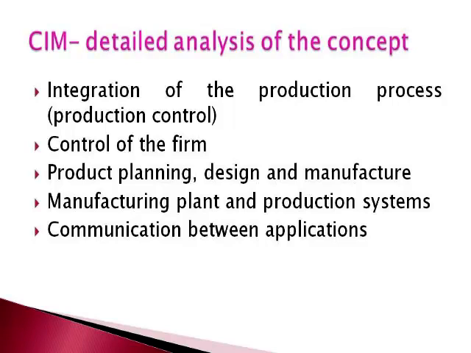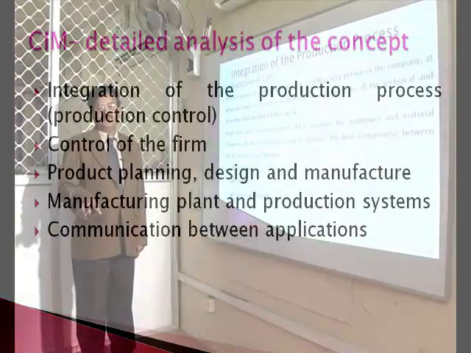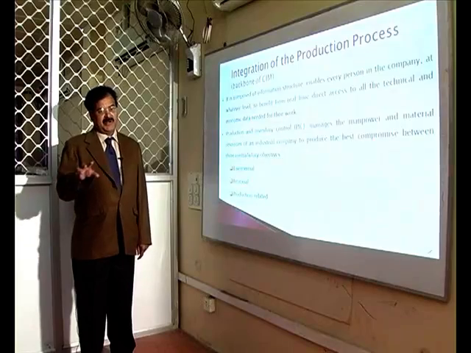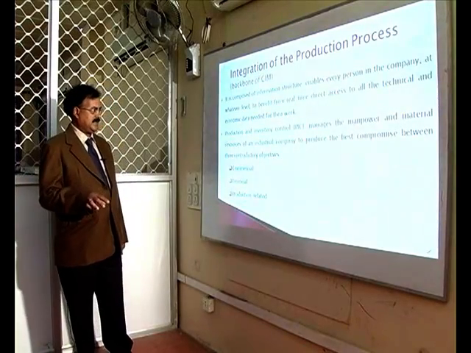So, what is that? Integration of the production processes. It is composed of an information structure that enables every person in the company at whatever level to benefit from real-time direct access to all the technical and economic data needed for their work. This is a very important function of integration.